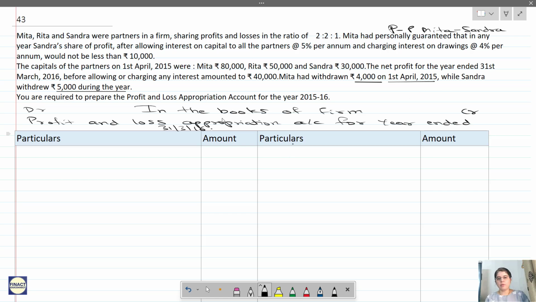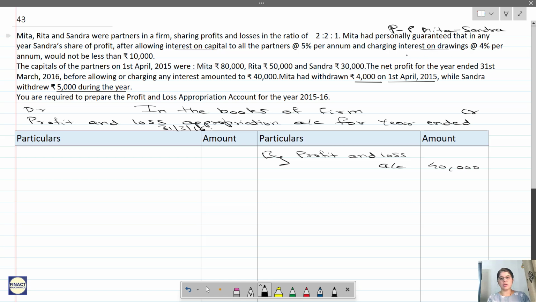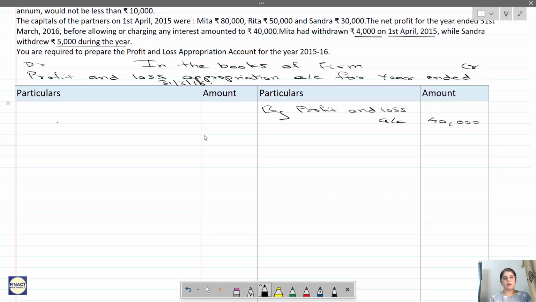Now see, how much is the net profit? 40,000. So let us write that, by profit and loss account, 40,000. Now what all we have to do? Interest on capital and interest on drawings. So let us first calculate interest on capital. We have to debit it to profit and loss appropriation account.